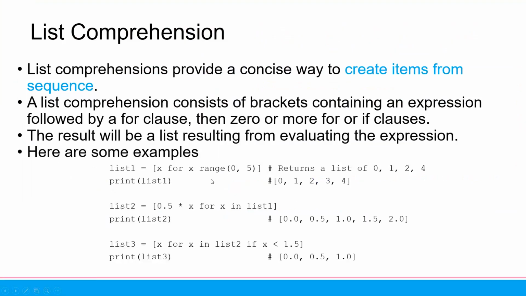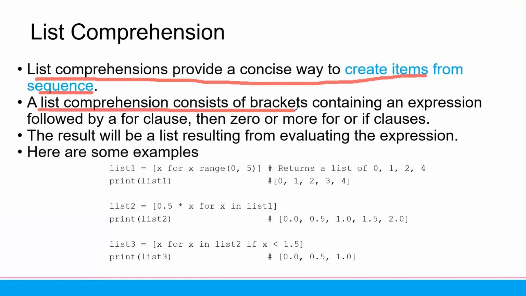We can have list comprehension. We call this list comprehension because we can put the condition in the list or in the square bracket. List comprehension provides a concise way to create items from sequence. A list comprehension consists of brackets containing an expression followed by a for clause.